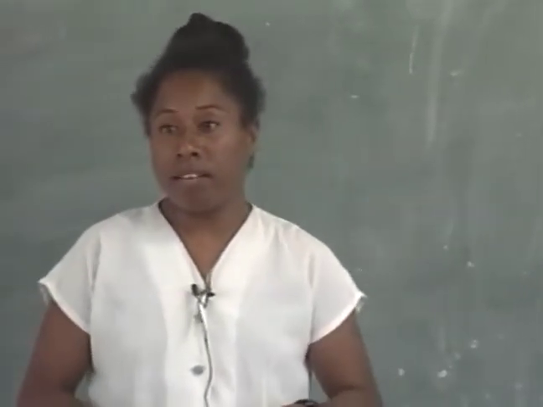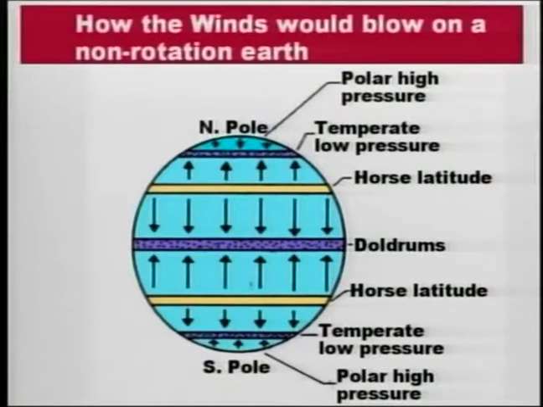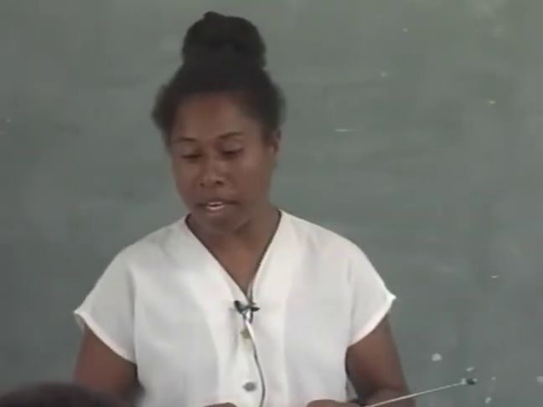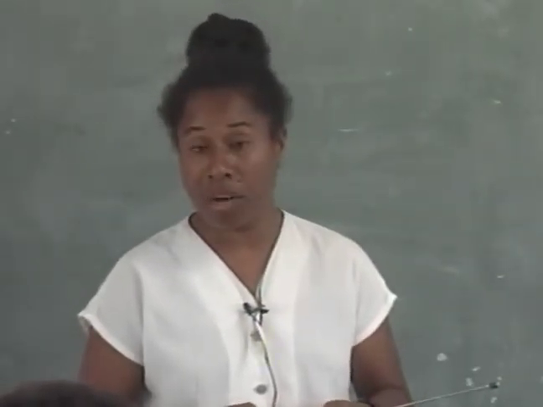We've looked at how winds will always move from areas of high pressure to low pressure. On a non-rotating Earth, winds would look like what is shown on our monitor, blowing straight up, straight down from the high pressure areas to the low pressure areas. There are two distinctive low pressure regions that we have already studied, the doldrums and the 60 degrees north and south.